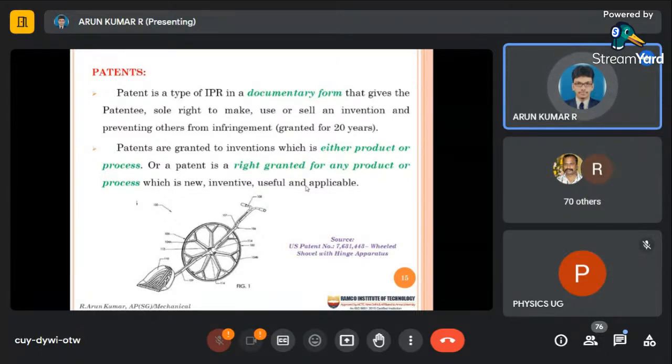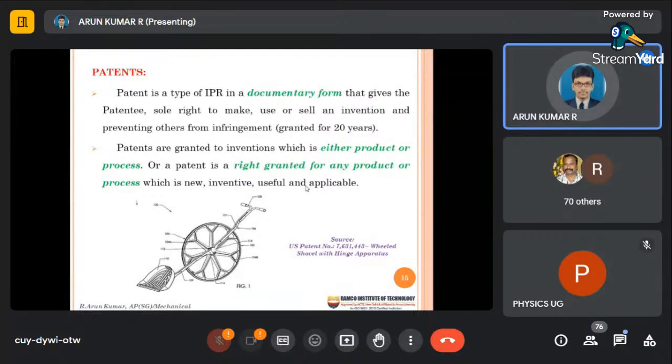Even an intangible product is eligible for patent, and even a process is also eligible for patent. And also, we all have a myth that patent is meant for a remarkable invention or some breakthrough innovation. It is not so. Any invention or innovation which addresses a simple problem, even a simple solution, can also be patented.